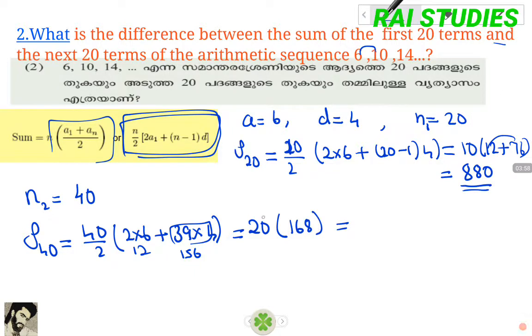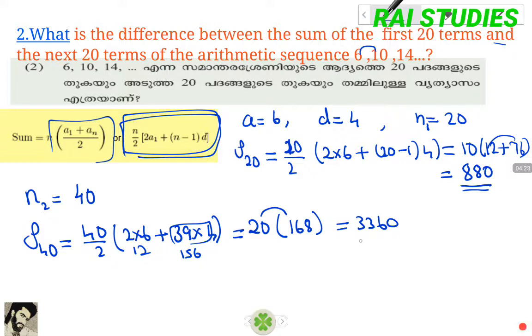If you multiply 20 with 168, we can write the double of 168 is 336, and if you place a 0, you get 3360. So this is the sum of 40 terms of the sequence.